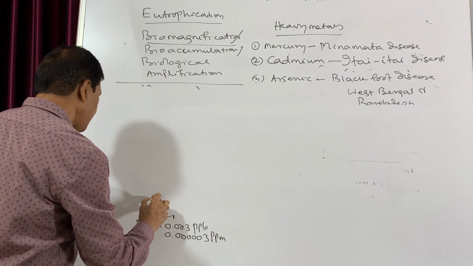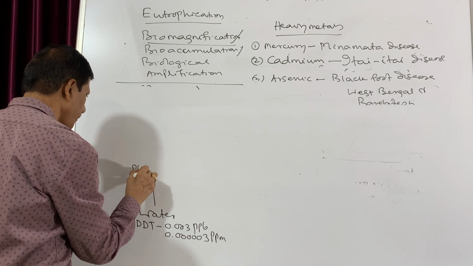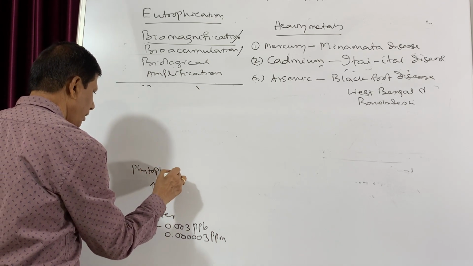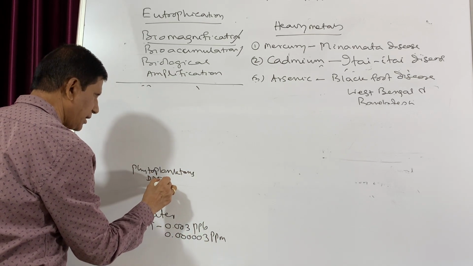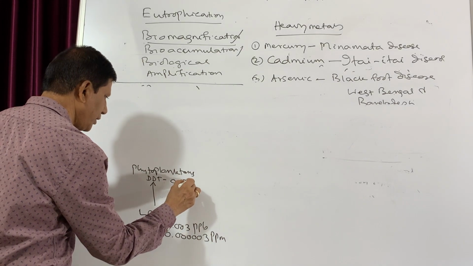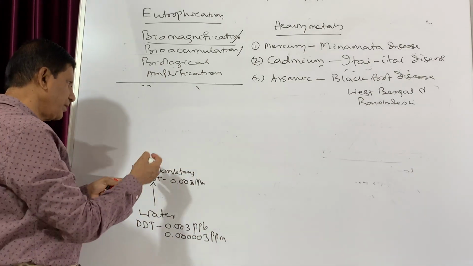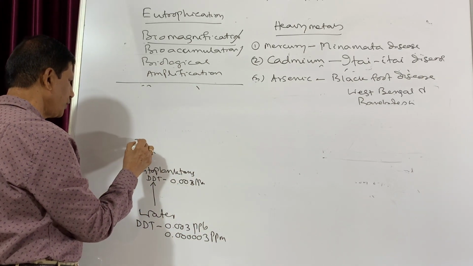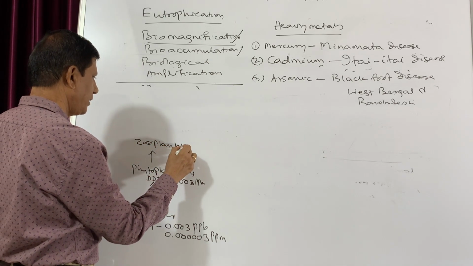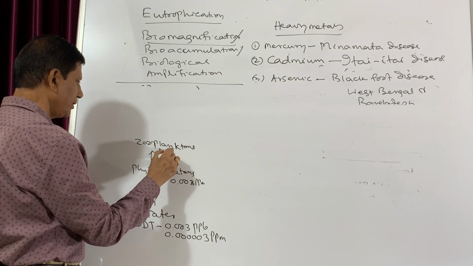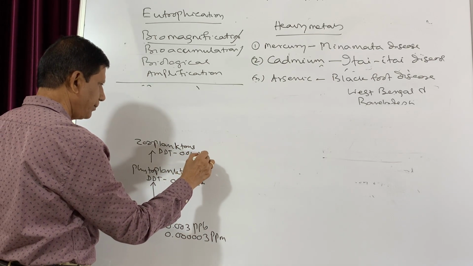Now, in this water there will be growth of phytoplanktons, and in phytoplanktons the DDT concentration is usually 0.003 ppm. Then the phytoplanktons, through the food chain, move to the zooplanktons, where the DDT is found to be 0.04 ppm.